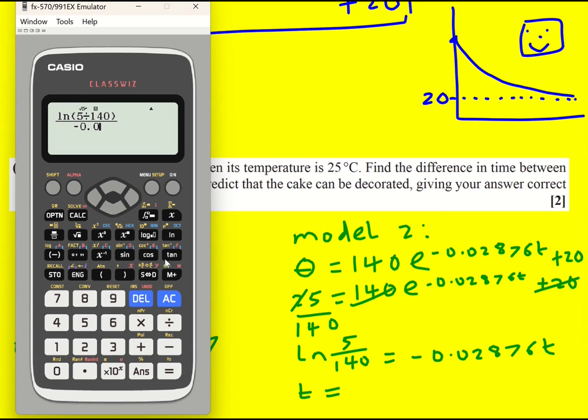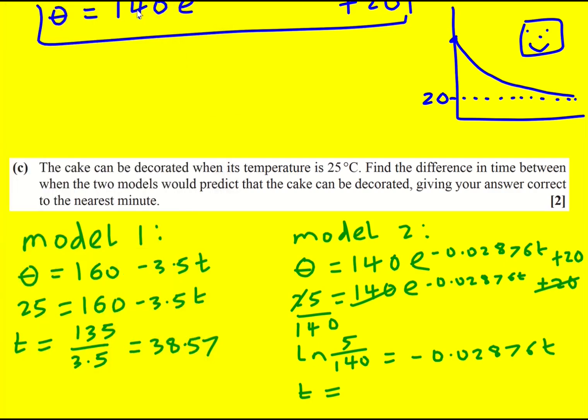Yeah, and then I'm going to divide by minus 0.028. I mean, that level of accuracy is not important. I'm going to get 115.86.